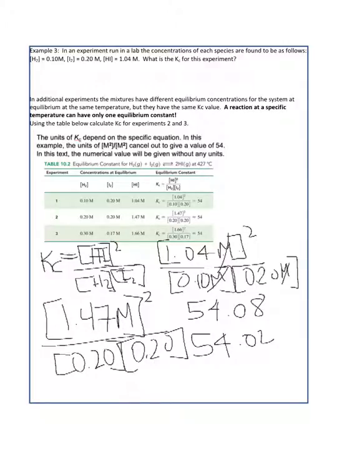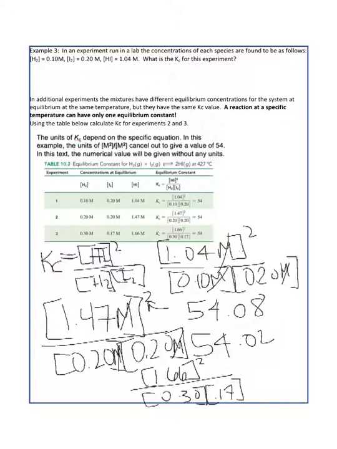Again, the capital M's here, the molarities, cancel, because this is squared. So you have 2 of those and 2 of those. Now, in the third experiment, we got 1.66 molar for the HI squared divided by 0.30 times 0.17.